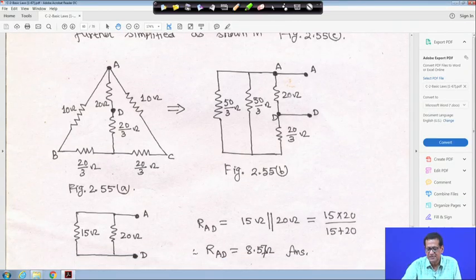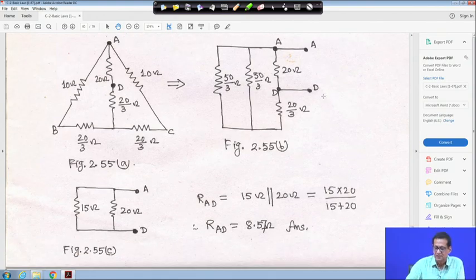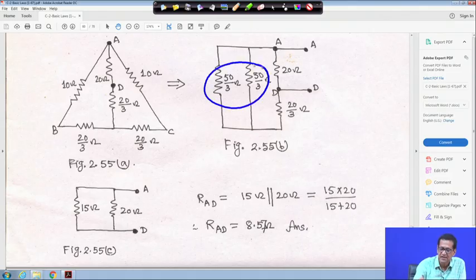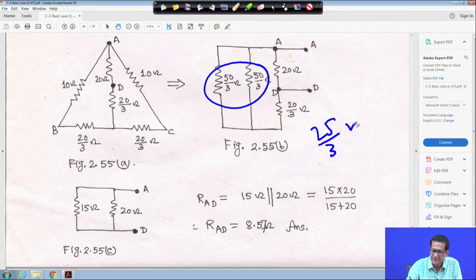So here it is 20 by 3, and we have to find out R_AD. So ultimately these two are in parallel, 50 by 3, 50 by 3. So its equivalent will become 25 by 3. These two are parallel, so it is R1 R2 upon R1 plus R2. If you do this, it will be 25 by 3 ohm, right.